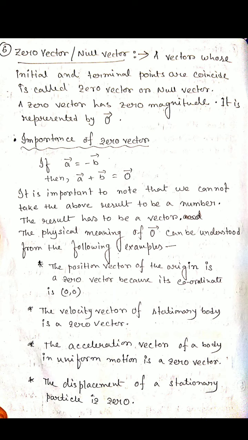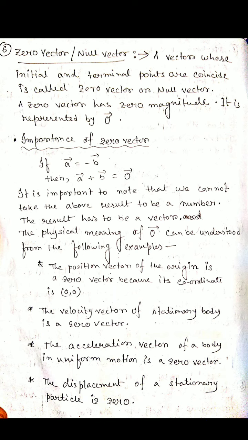Because we are studying vectors here, we cannot write any number or scalar quantity. So to maintain that concept, 0, 0, that means the origin has a value of 0 in magnitude. That's why we say that the position vector of the origin is a 0 vector.